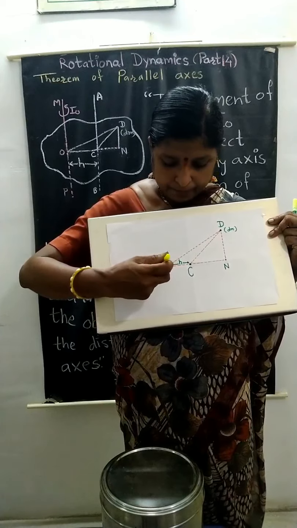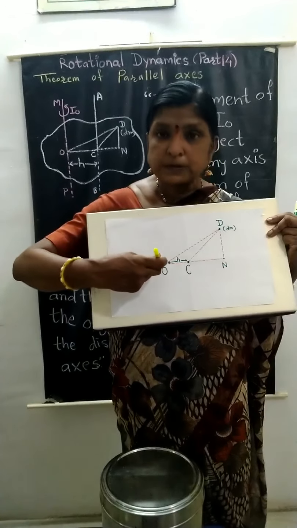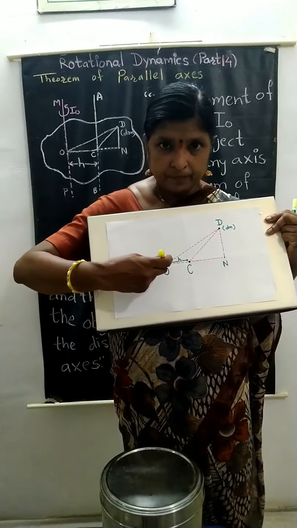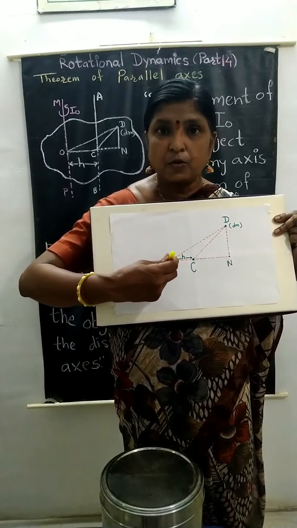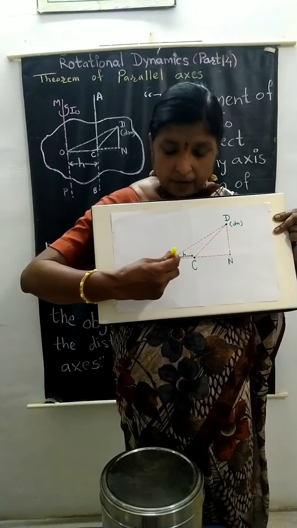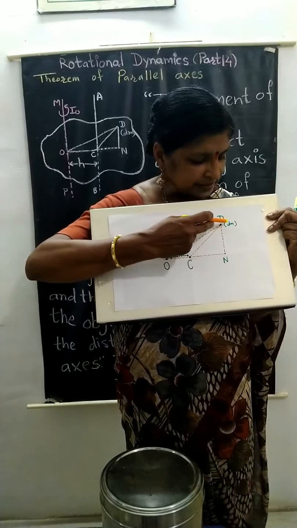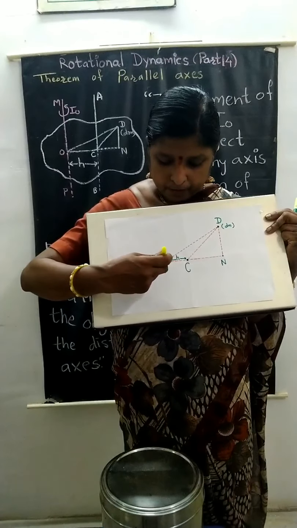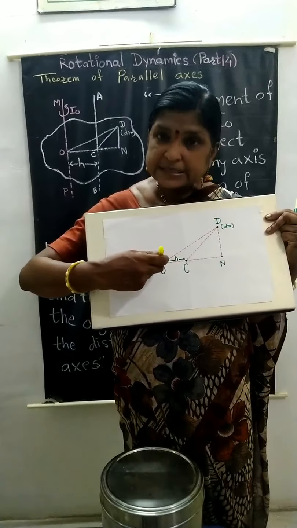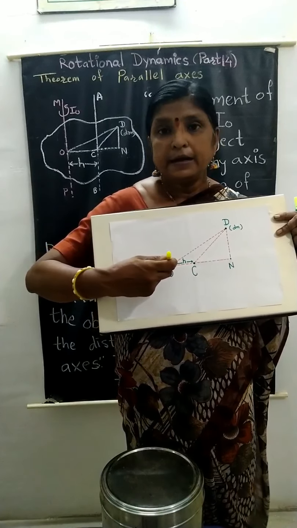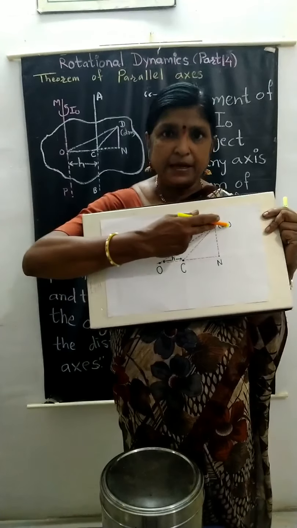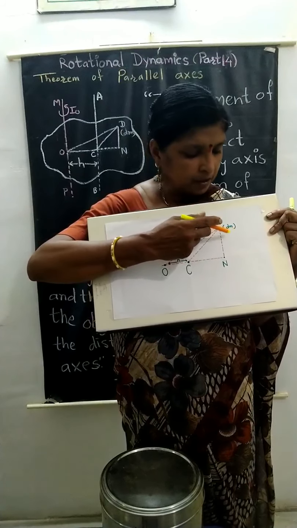it will be dO square dm. For the axis passing through point O, the moment of inertia of mass dm will be dO square into dm, because dm is the mass of the element.